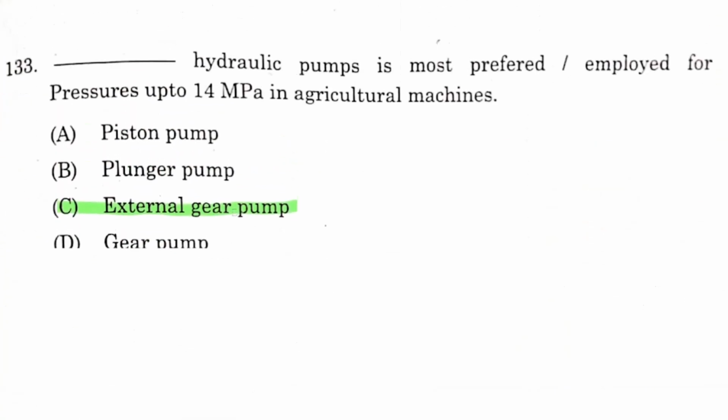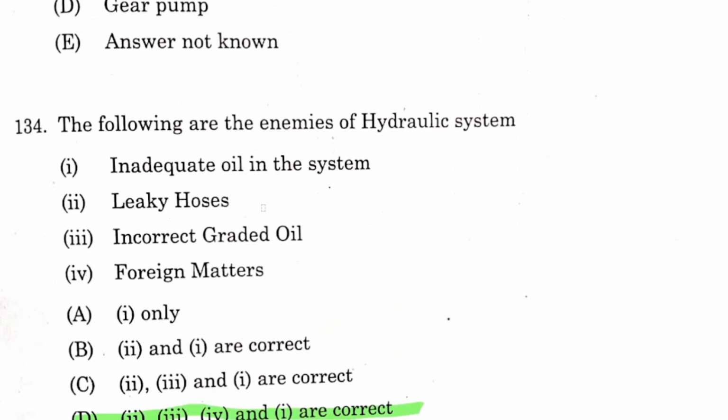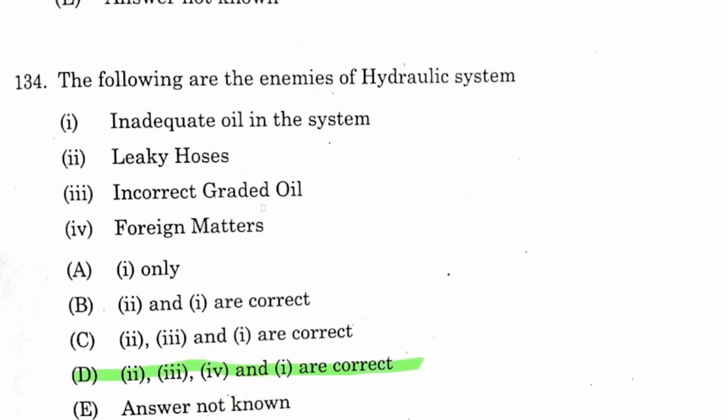Question number 133. The hydraulic pump most preferred for pressure up to 14 megapascal in agricultural machines is the external gear pump. Next one is the following are the enemies of the hydraulic system. So all are the enemies of the hydraulic system: inadequate oil in the system, leaky hoses, incorrect grade oil, foreign matters.